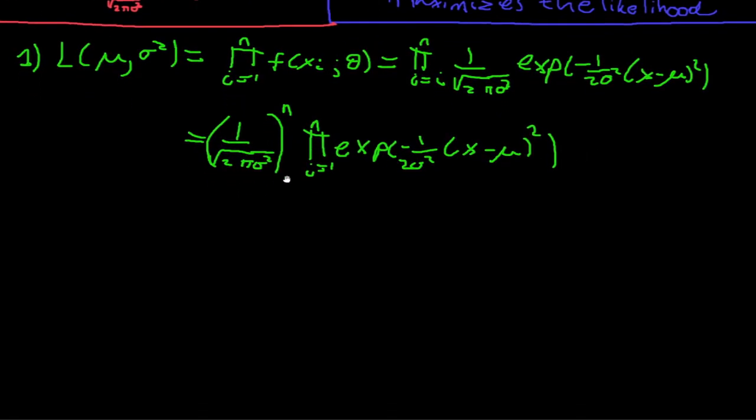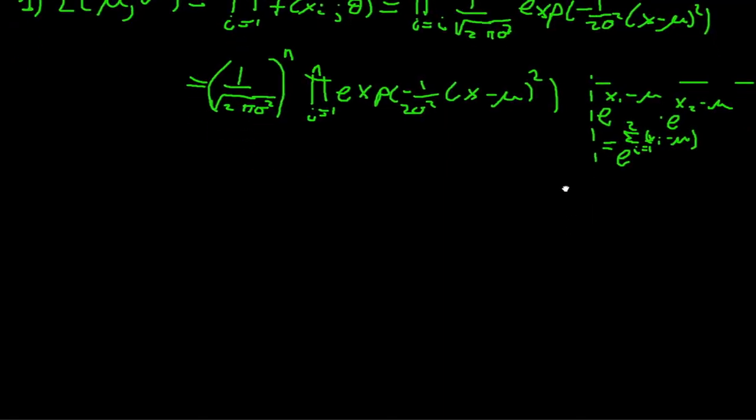And here, of course, you guys probably know that if we have e raised to the power (x1 minus mu), and we do this times e raised to the power (x2 minus mu), then this will just be equal to e raised to the power of the sum from i equals 1 till 2 of (xi minus mu).